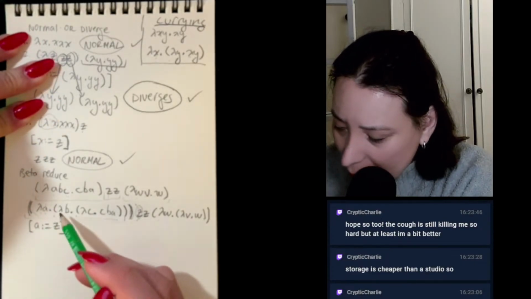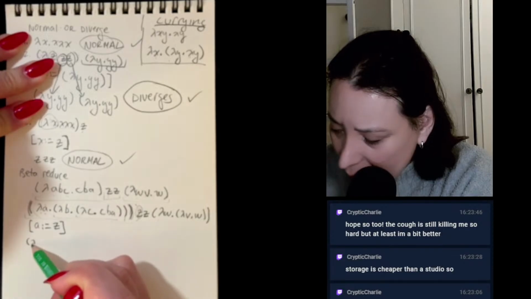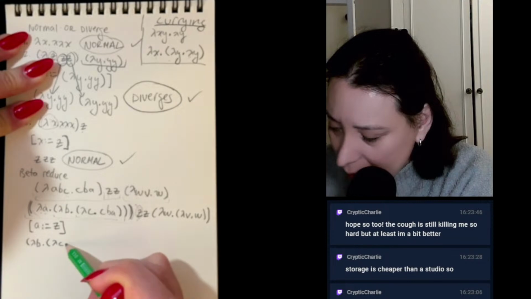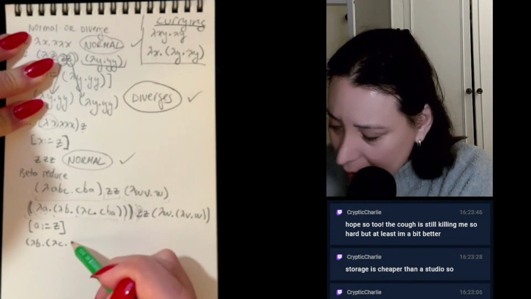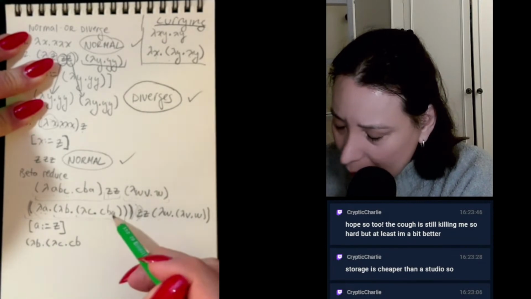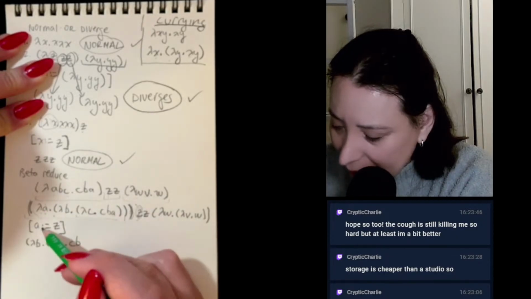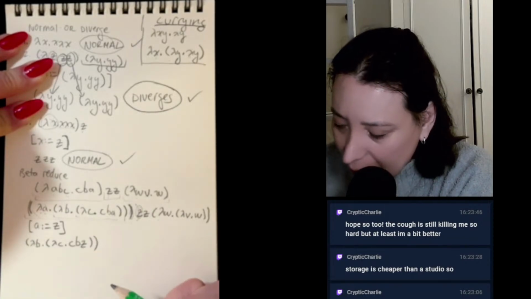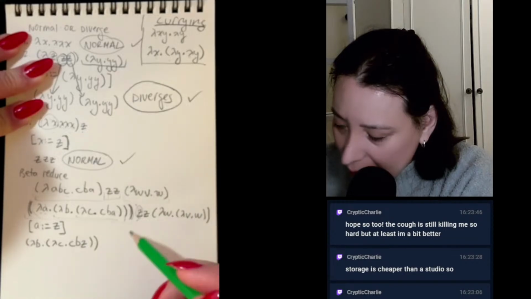We get rid of this part, we have B dot C dot C B, and now we see an A, so we replace the A with a Z. And there we go, we've done this part.